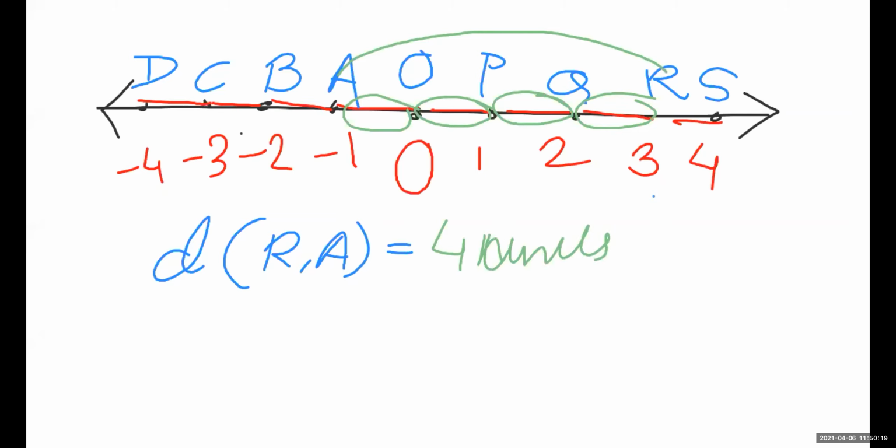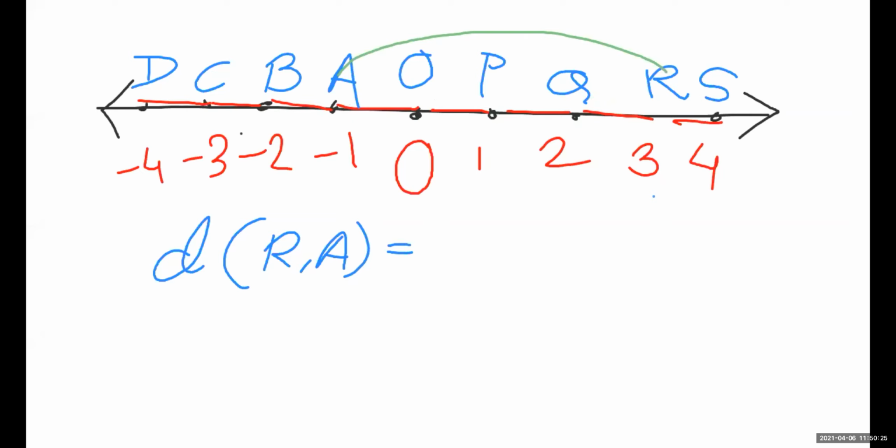But now the method we have, that is to find out the distance between 2 points is, first of all, we have to just check these are the points A, B, C, D. Shardul, these are the points A, B, C, D, O, P, Q, R, S, and they have a particular coordinates. These all are what? The coordinates. Coordinate of S is 4, coordinate of R is 3, coordinate of Q is 2, coordinate of P is 1, coordinate of O is 0, A is -1, B is -2, like this.